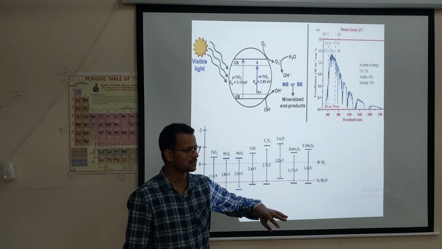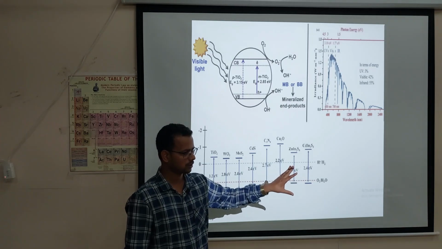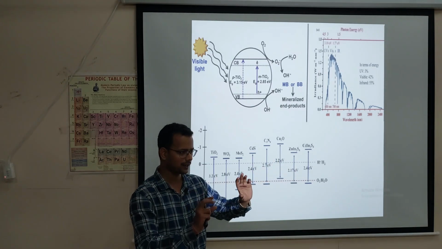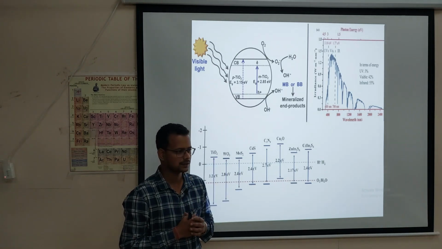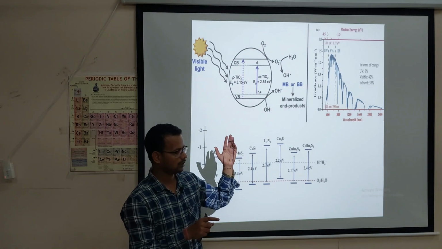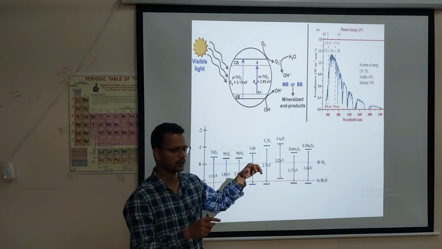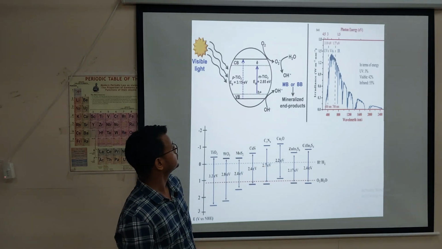These are crystal engineering approaches by which we can reduce the overall band gap. We cannot reduce the band gap of the material itself, but we can reduce the overall band gap of the composite. In that case, we can make the material active, and we can say whether it is UV active or not.